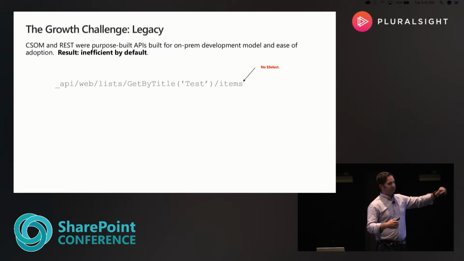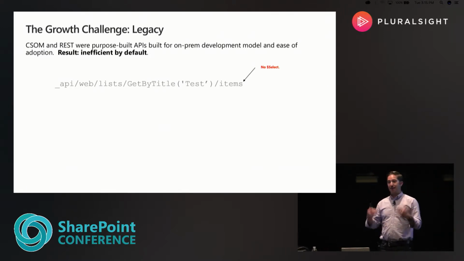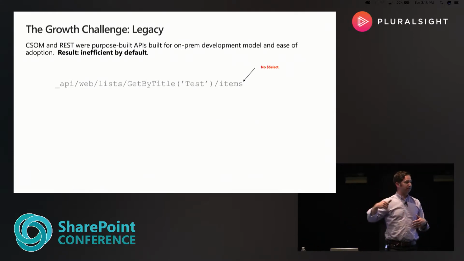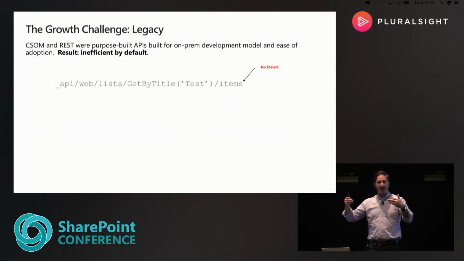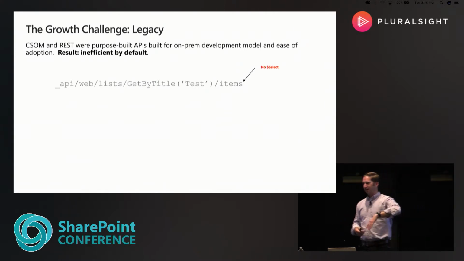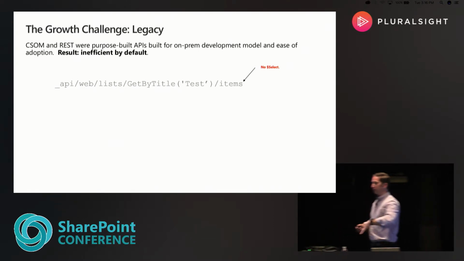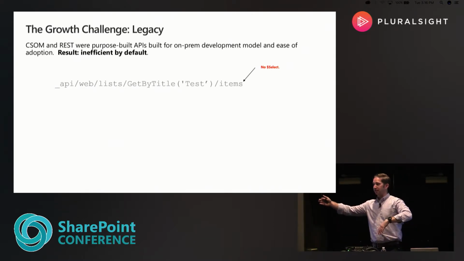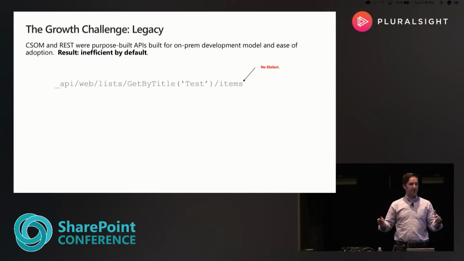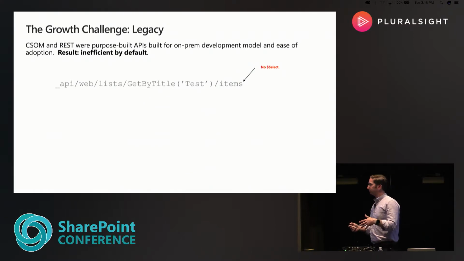So if this call was made against a list that had a metadata lookup field in it, it has to actually go do a round trip to the metadata service for every row. So if you make that same call that gets 1,000 list items, we're going to make 1,000 calls out to the metadata service to fill it in. So again, the goal is for it to work by default, to be simple to develop. But the result is it's inefficient.